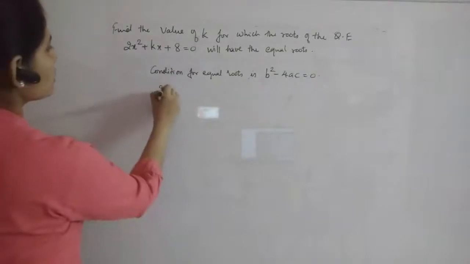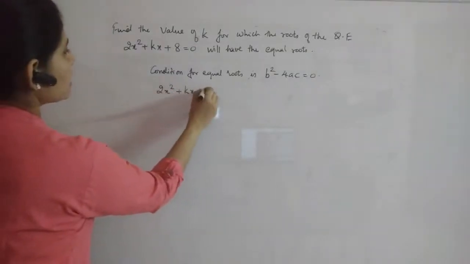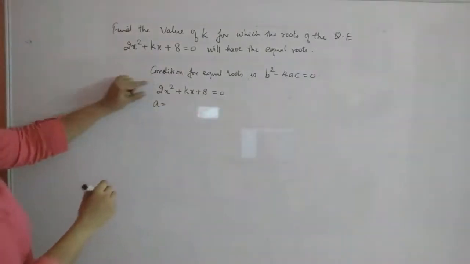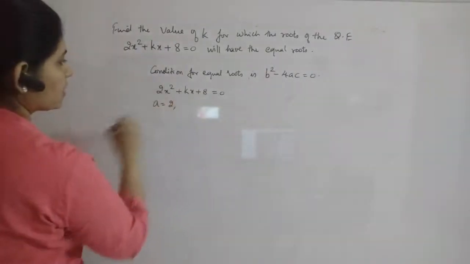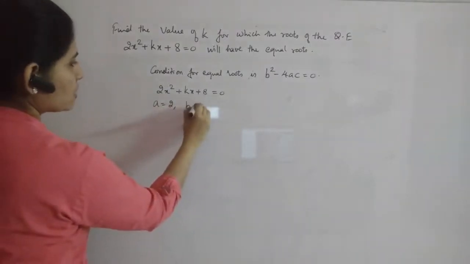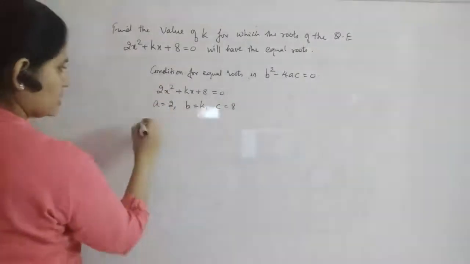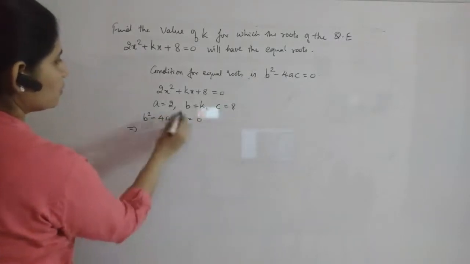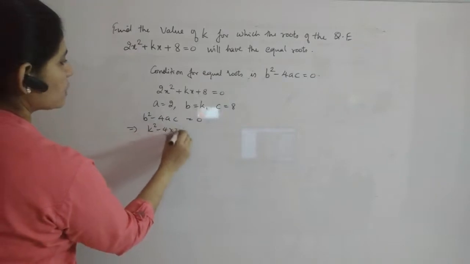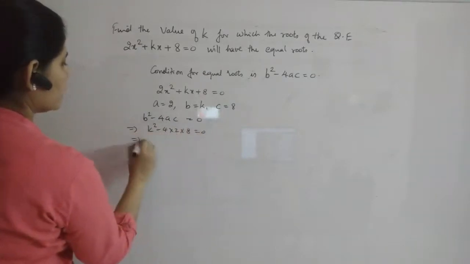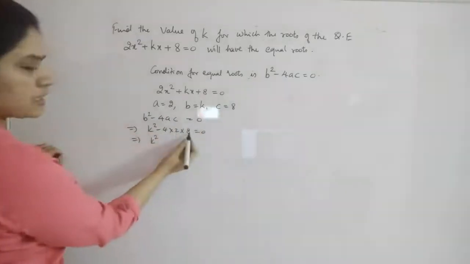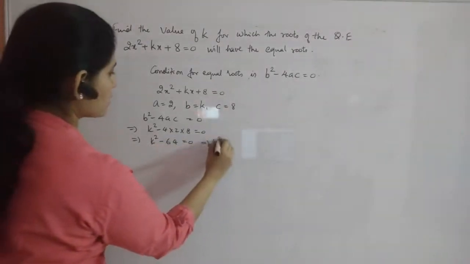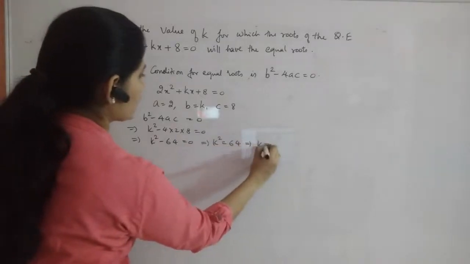Now here the equation is 2x square plus kx plus 8 equal to 0. That means comparing with the quadratic equation general form, you will get a is equal to 2, b is equal to k and c is equal to 8. So b square minus 4ac equal to 0 will give you k square minus 4 into a into c. That is k square, here you are getting 64. So that k square is equal to 64 or k is equal to plus or minus 8.